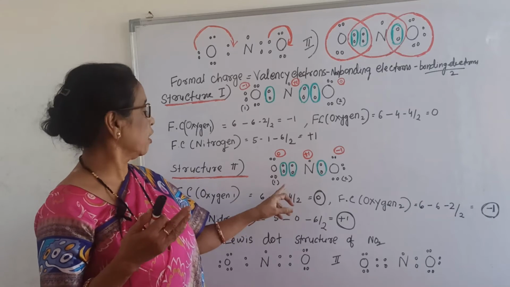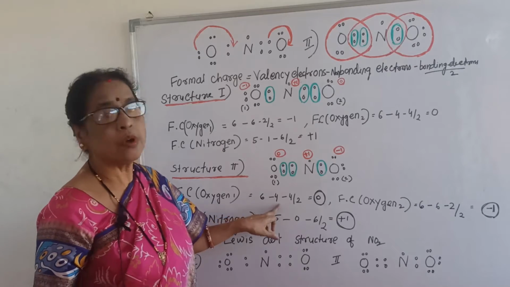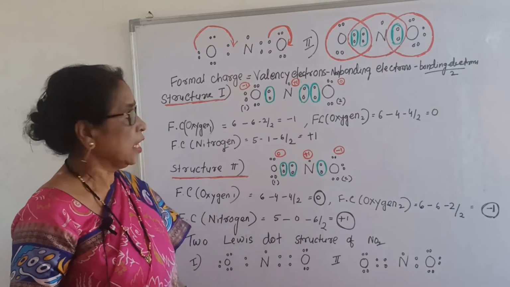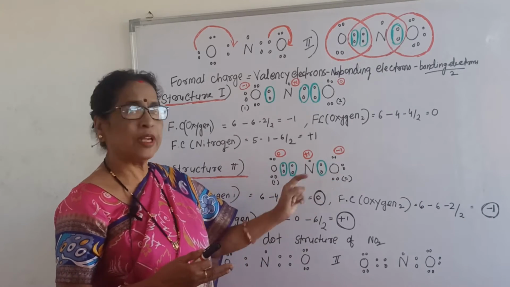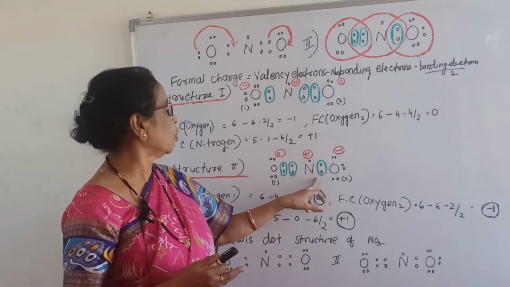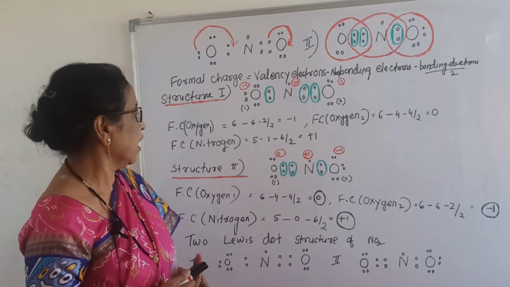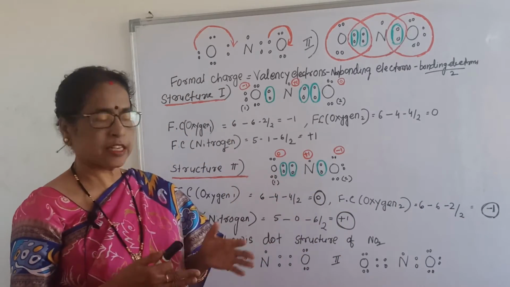How many bonding electrons? 2 plus 2, 4. So what is the formula? 6 minus 4 minus 4 by 2, that is equal to 0. This is for oxygen 1. And for oxygen 2, again see how many bonding electrons? Only 2, and how many non-bonding electrons? 6. That is why here you put 6 minus 6, where 6 is the valence electrons.